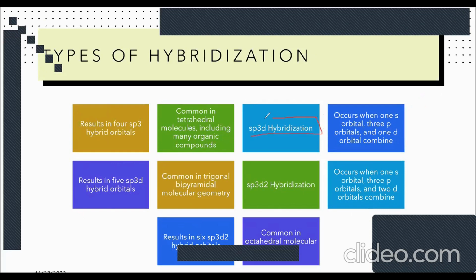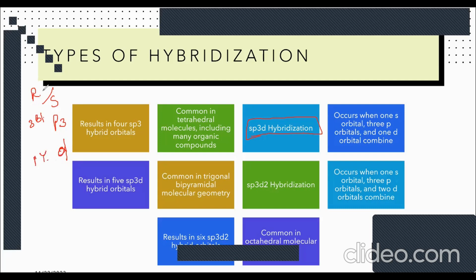Now I am taking sp3d hybridization. You see this, this is the new thing. sp3d also. So I took s and p3 and then d. Here this is red color powder and 3 blue color powders, and this is d, 1 yellow color powder.